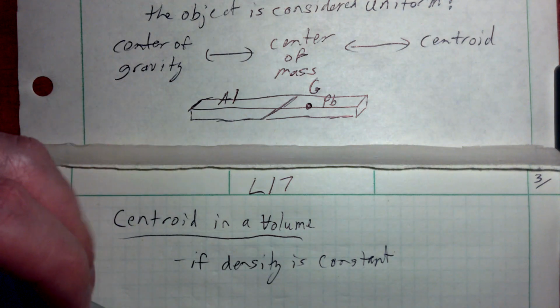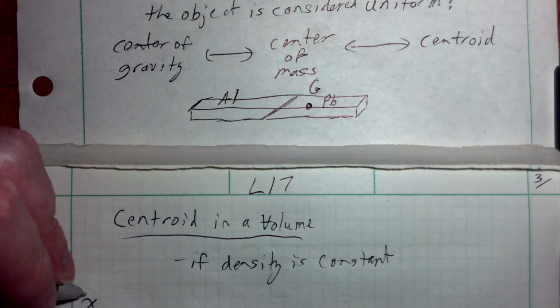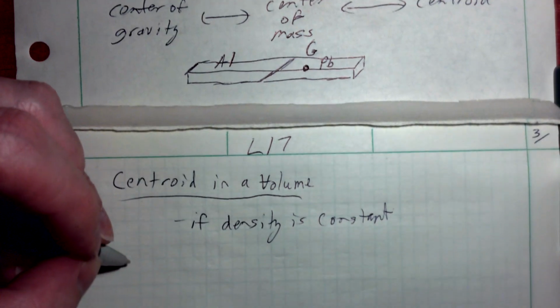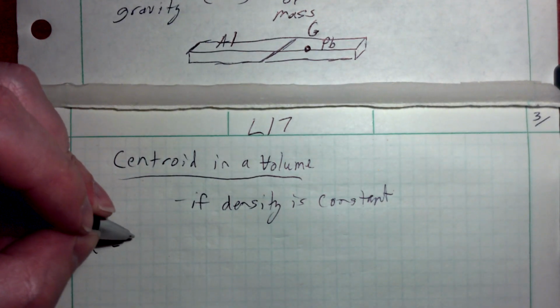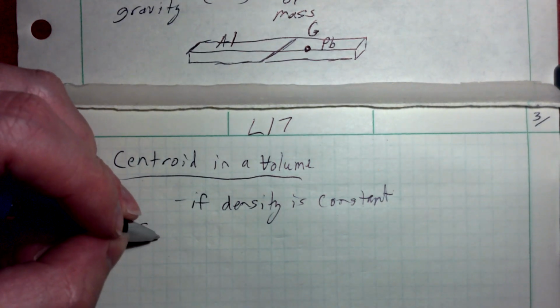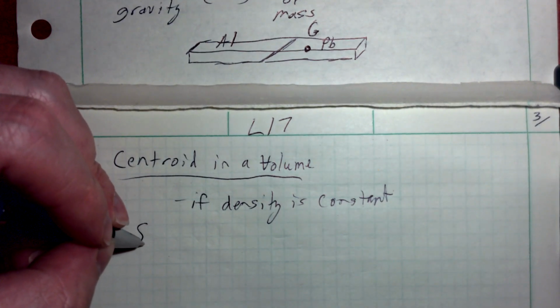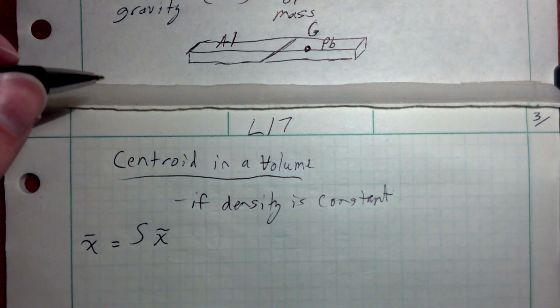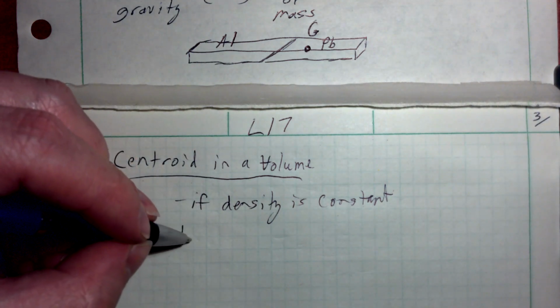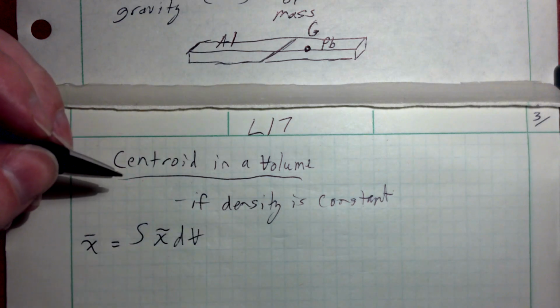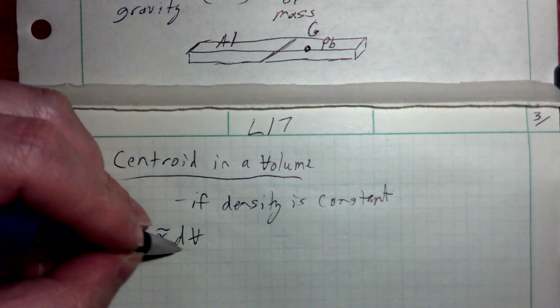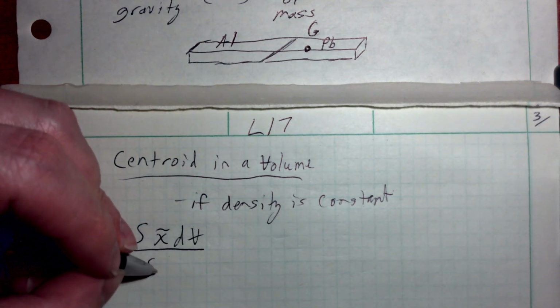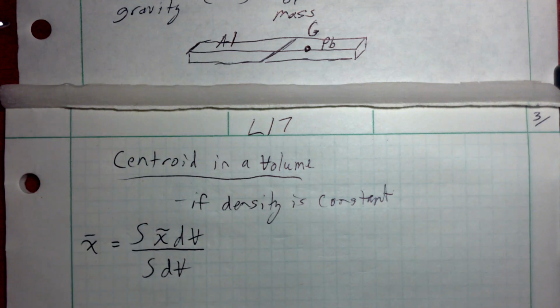I just need to worry about the volume. And so I can find the center of the volume by integrating across the entire volume the x tilde, or the location of every little differential volume, every little tiny piece of volume throughout an entire object, divided by the integral with respect to volume, integral dv.